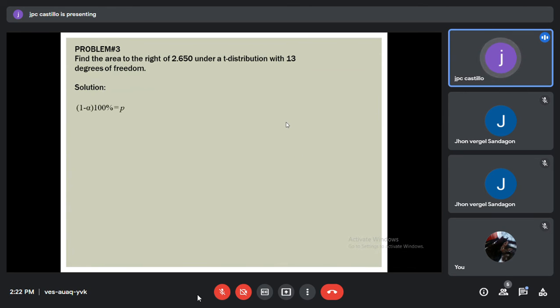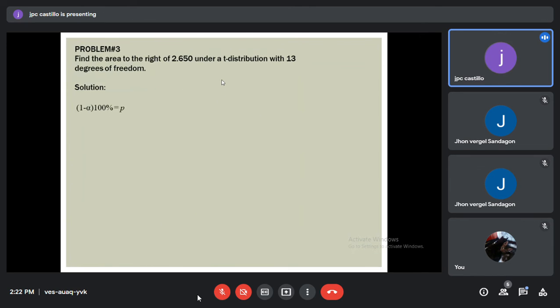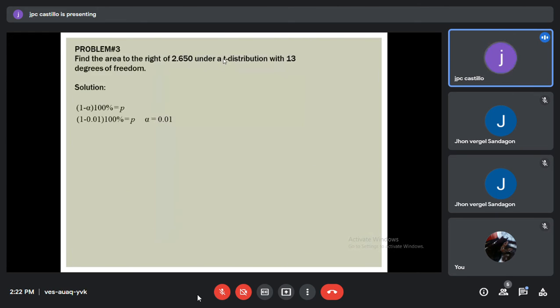We have a formula: 1 minus A times 100% equals P. We need to find the value of A. To find it, we will use the table and the given degrees of freedom, 13, and 2.650, and we will find 0.01. That's the value of A, and substitute 0.01 for A.